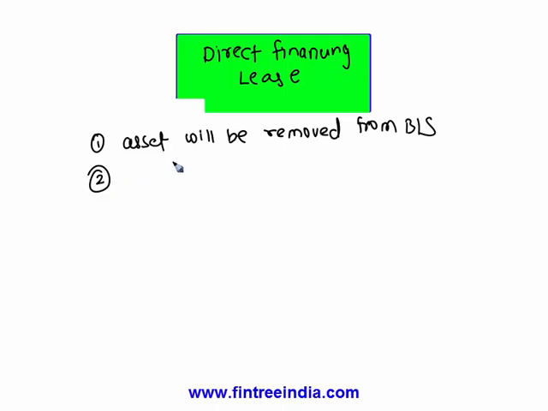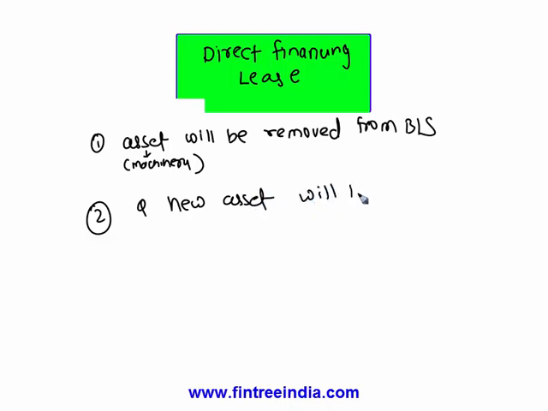Number 2, a new asset will be created, which we can call loans and advances. Because when we sold the asset, we did not receive the cash, but we received the promise that the cash would be paid to us in installments for 5 years. So that amount to be received from the lessee would be shown as a new asset.